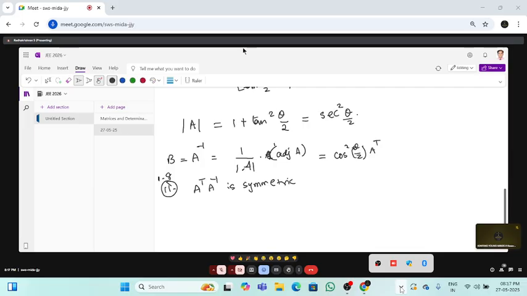Then what is A square? There are a few options given. Please keep working on this.